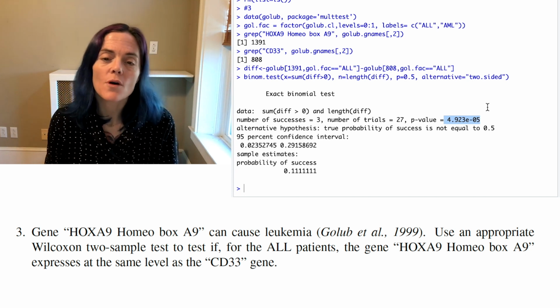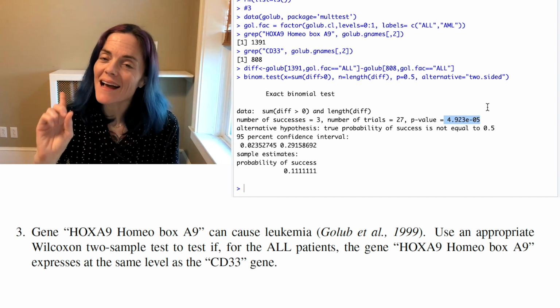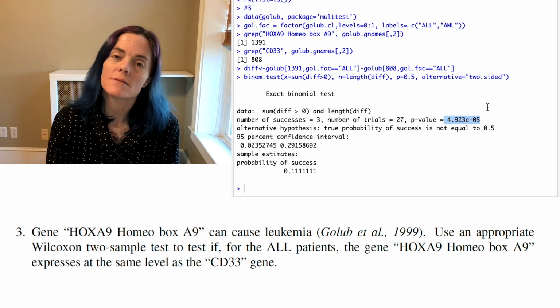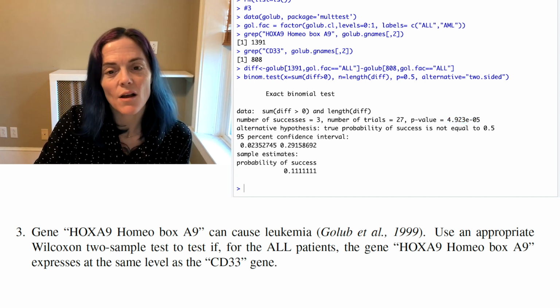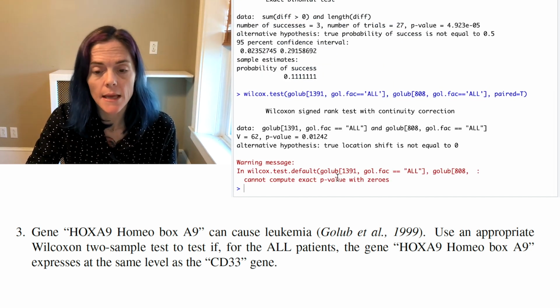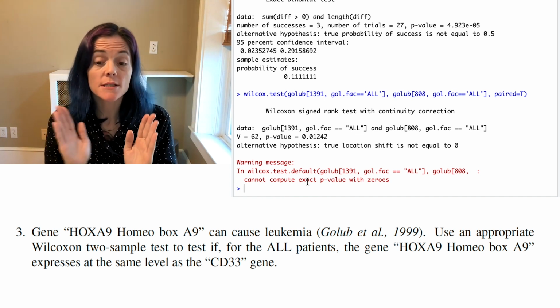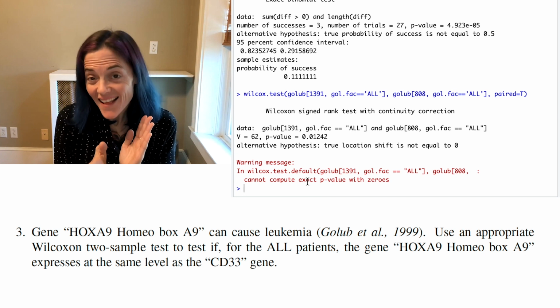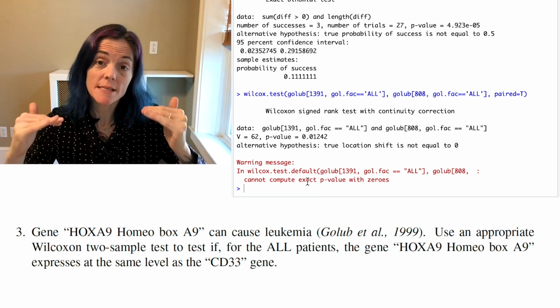But we know the Wilcoxon signed rank test has more power because it takes into account the magnitudes of the differences. So let's look at that test also. We have to select paired equals T. We get this warning message because there are some patients in the ALL group for which the two genes express equally.